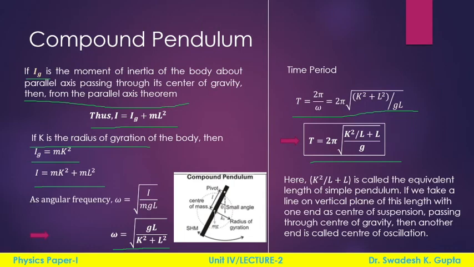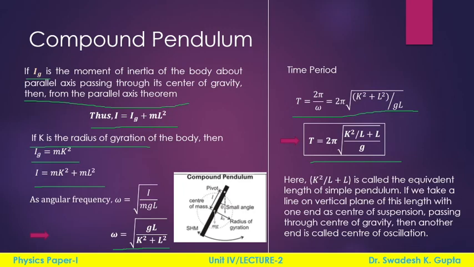So if you compare the time period equation with the simple pendulum equation, where T is equal to 2 pi under root L by g, here L is replaced by k square by L plus L. So we can say that this term is the equivalent length of the simple pendulum.